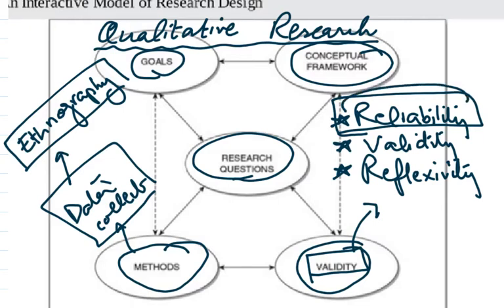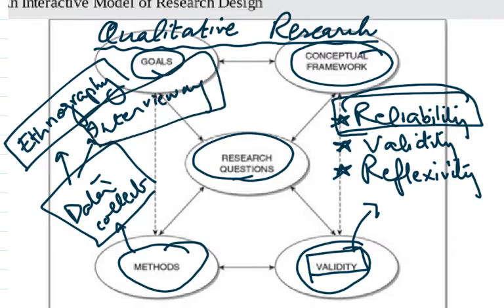Or, for example, you might be interviewing people who are caregivers of people with Alzheimer's, and basically you want to look at their particular experiences. And that is why it doesn't matter to you how well you will be able to replicate it given another group of people, right? So reliability in that way is not as concerning.